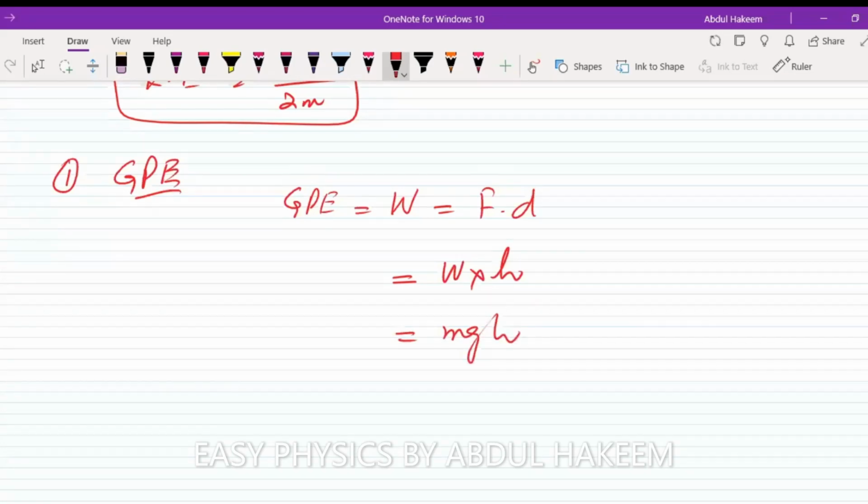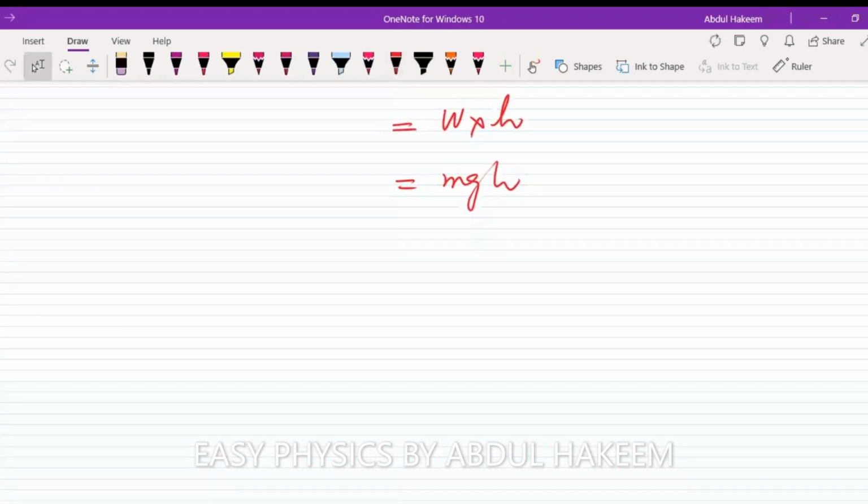Next potential energy is elastic potential energy. Energy stored in a body due to its deformation to do some work is called elastic potential energy. So elastic potential energy is also work, and work is Fd.